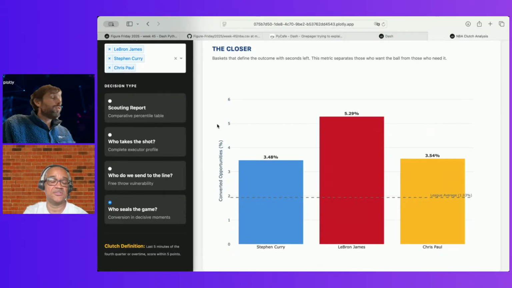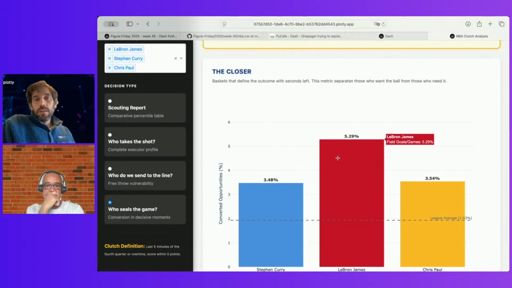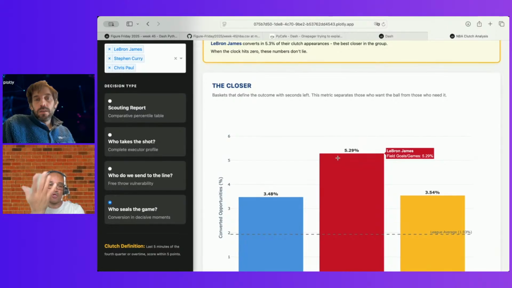But if you were their coach and both of them were on the same team, would you give the ball to LeBron James the last couple of seconds? It depends on the context.